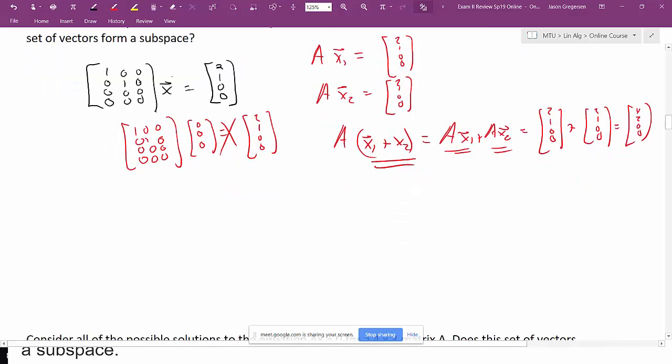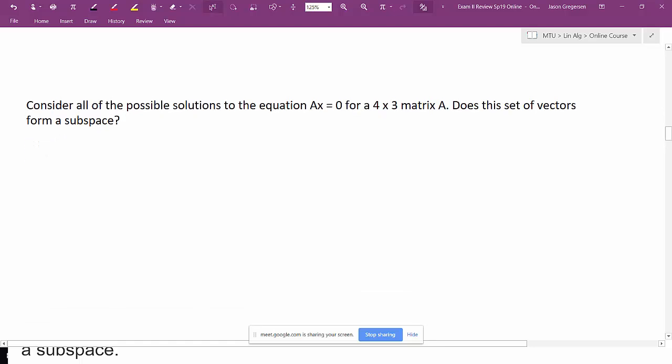However, the solutions to Ax equals 0, that's special. That is a vector space. Is 0 a solution to Ax equals 0? Yeah, if we plug in x equals 0, we'll always get a true statement. Then, is it closed under vector addition? Well, if x1 is a solution, that means A times x1 is equal to 0. If x2 is a solution, that means A times x2 is equal to 0.